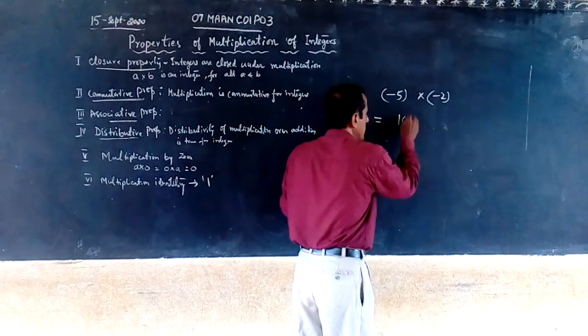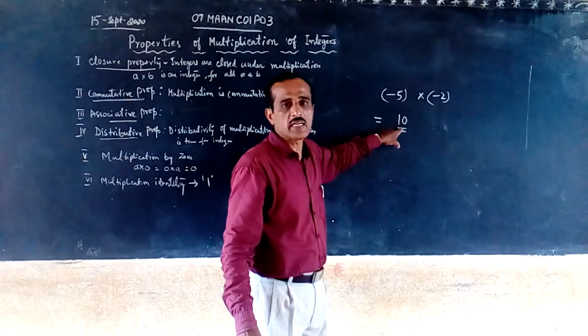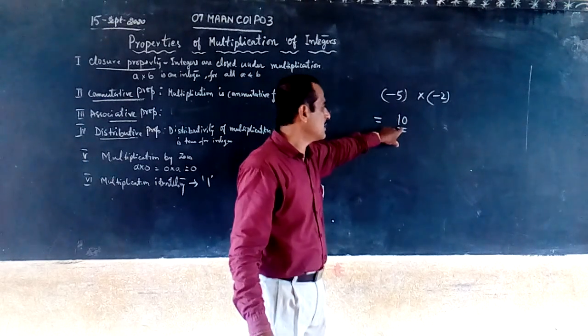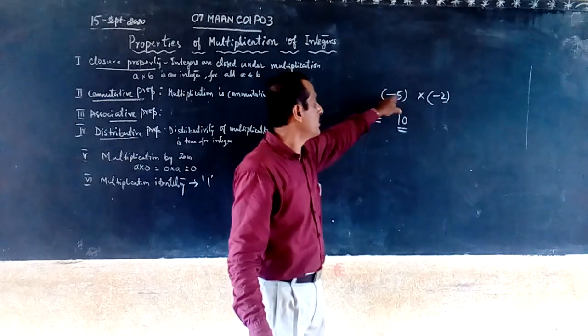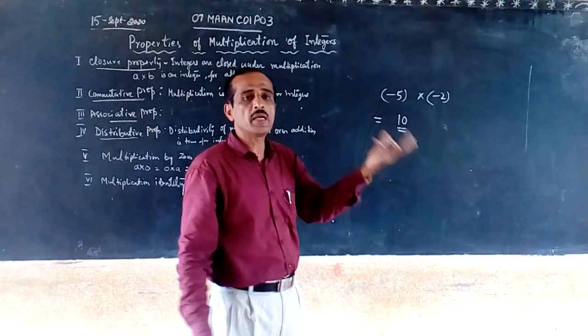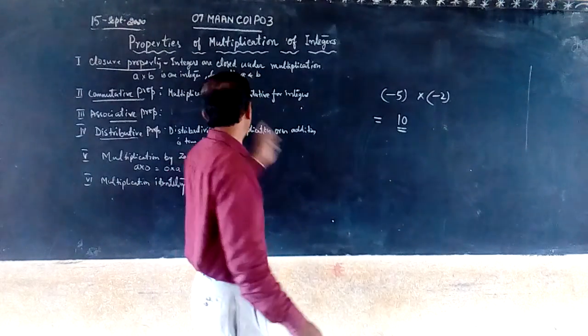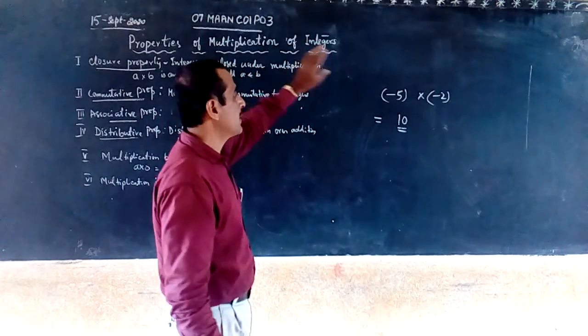The product is plus 10. Is plus 10 an integer? Yes, plus 10 is also an integer, isn't it? So minus 5 into minus 2 is plus 10. For all a and b, if a and b are integers, the product is also an integer. Therefore, we can say integers are closed under multiplication.